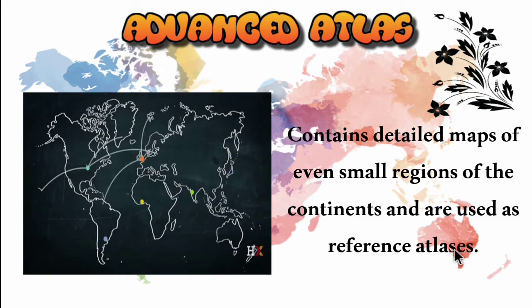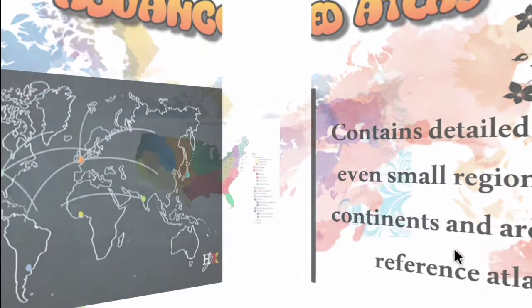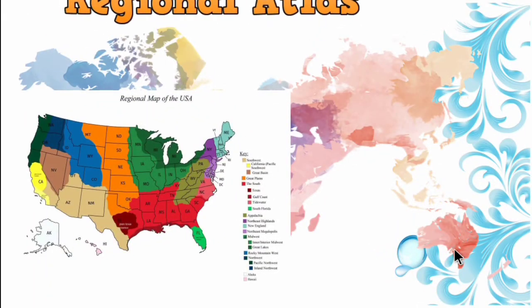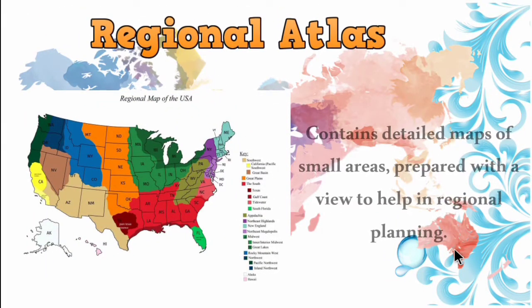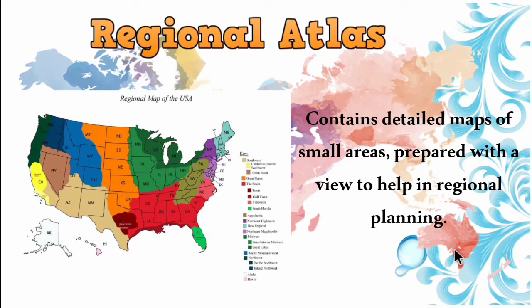So it is much more advanced than your school atlas. And the next type is regional atlas. Regional atlas provides details about small areas, prepared with a view to help in regional planning. So it contains detailed maps of small areas for regional planning.